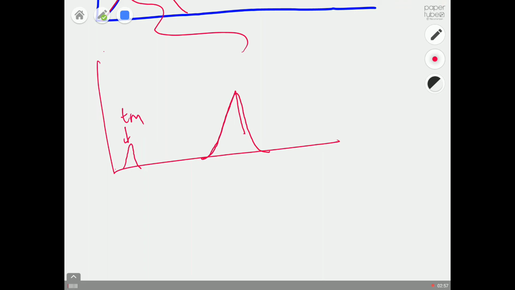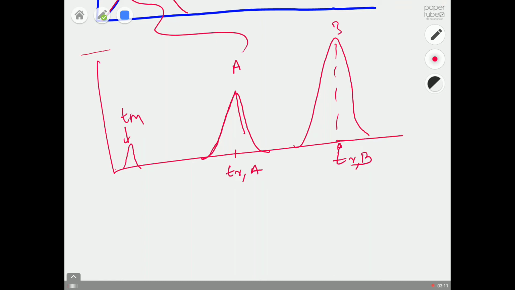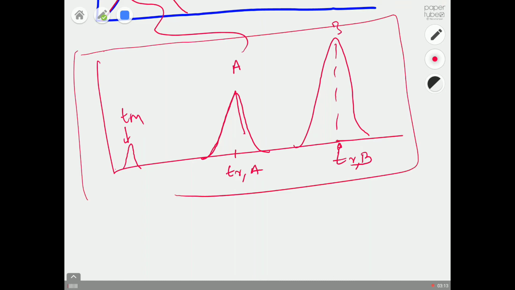This is for your molecule A, so we can call it tR of A, and then say we have some molecule B. So this is the retention time for molecule B. This is our chromatogram that we obtain by performing some experiments. So let's put it like that.